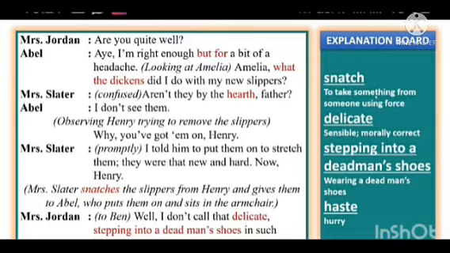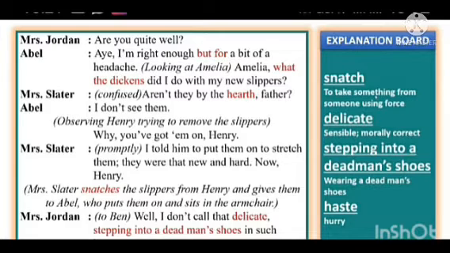And Mrs. Jordan or Elizabeth points out to Ben, saying here, she got a chance to prove that they are bad by nature. Who are bad by nature? Henry and Mrs. Slater. They are bad in nature in front of her father. She tries to prove that her sister and her husband are very bad people.